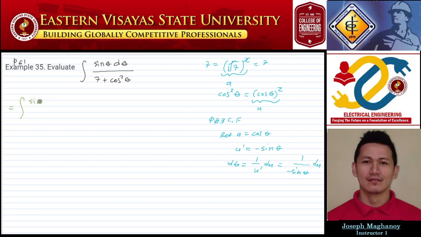So our sine theta d theta over 7 plus cosine squared theta is also equal to sine theta d theta all over square root of 7 squared plus our cosine theta squared.